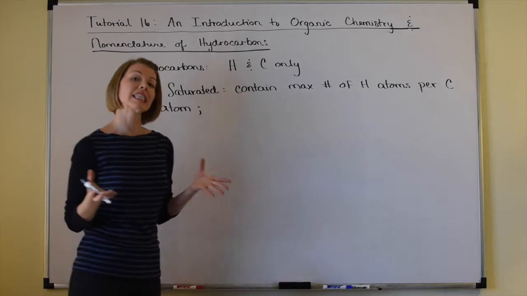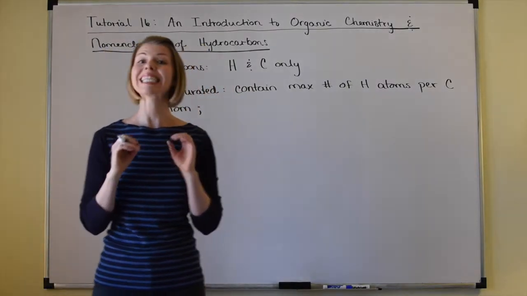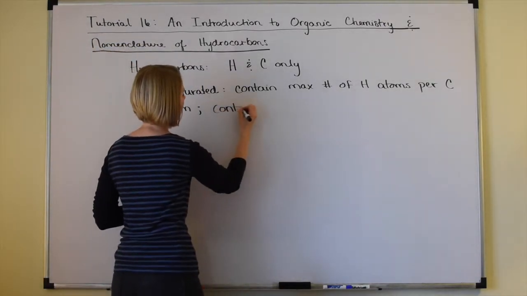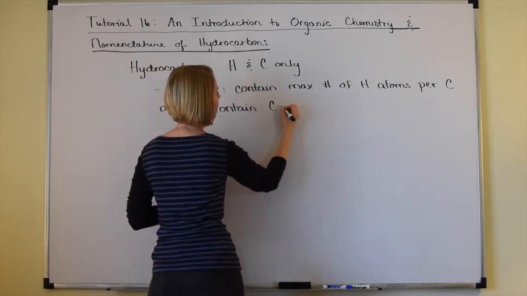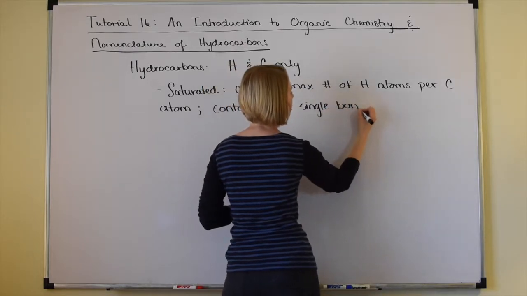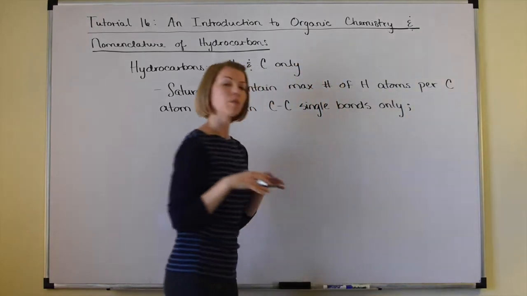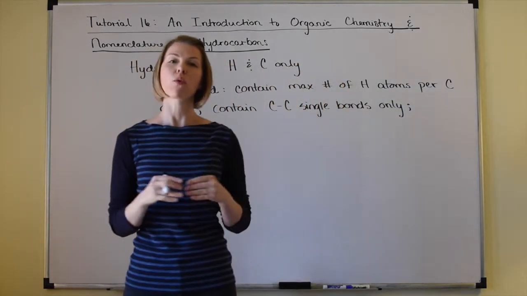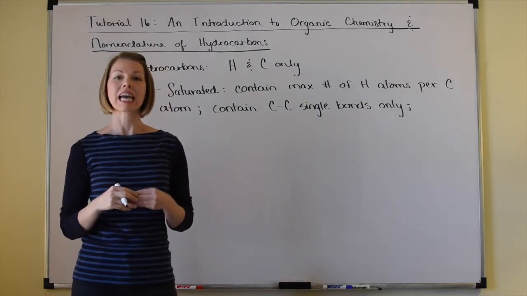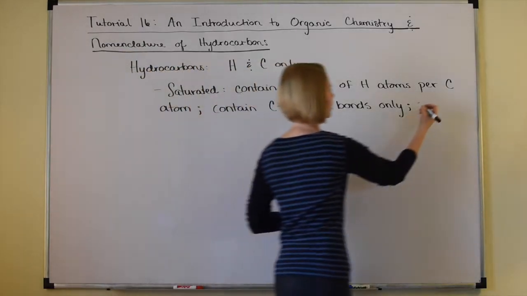And this is because saturated hydrocarbons contain just carbon-carbon single bonds. Contain carbon-carbon single bonds only. And the more specific term for a hydrocarbon that is saturated with hydrogen is alkane. We call saturated hydrocarbons alkanes.